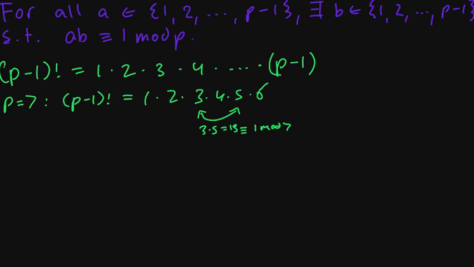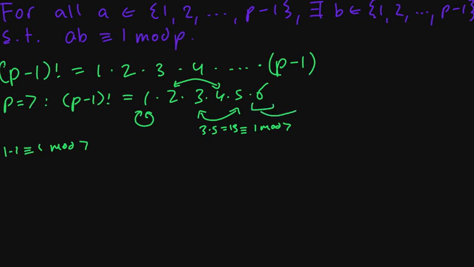And similarly, we can pair up 2 and 4, because they multiply to 8, and 8 is 1 more than a multiple of 7. It's 1 mod 7. However, you may notice that we have to pair up 1 with itself. For 1 times 1 is congruent to 1 mod 7. It is its own modular inverse.